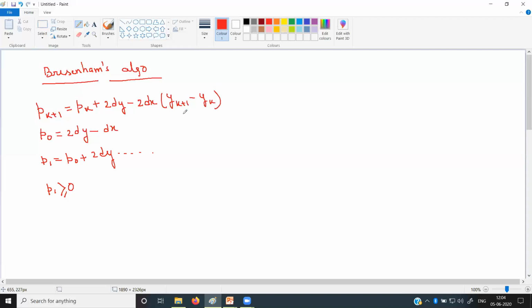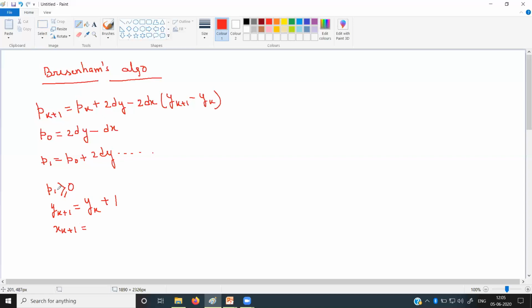Again, if the value of the error parameter is greater than or equal to 0, that indicates what the Y value for the k plus 1th iteration will be. The Y value of the k plus 1th iteration will be the Y value of the previous iteration plus 1, and the X value will be the same.